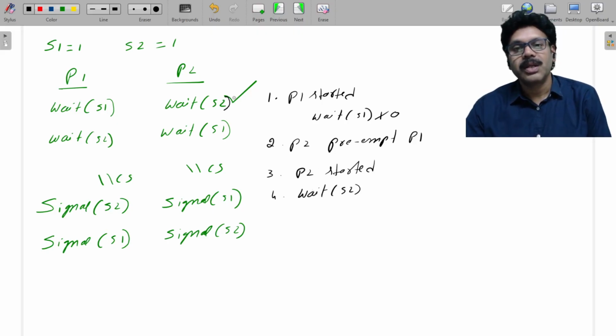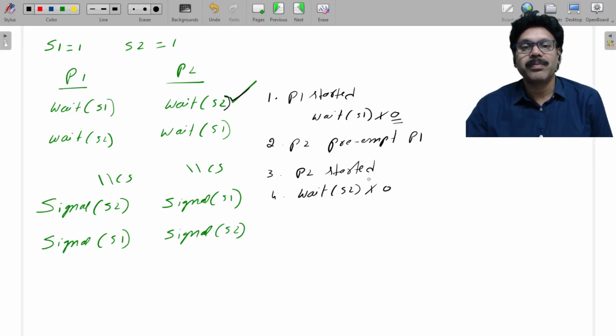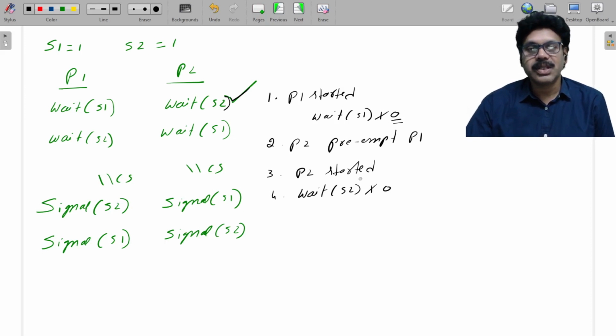S1 value is already set to 0 by P1. Now S2, it is setting 1 becomes 0. It is available. So wait function is successful for P2 as well as for P1. So far it's fine, no issue.